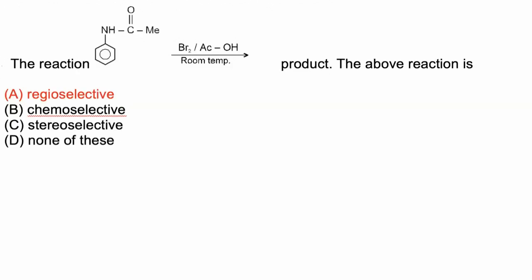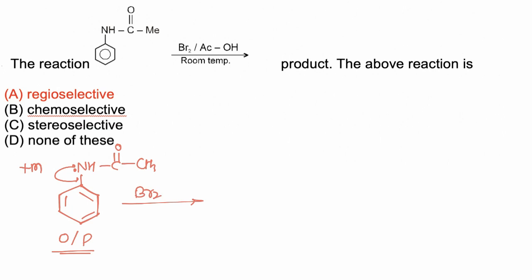In this reaction, we have to find the final product of the reaction. Now the amide has nitrogen, which has a pair of electrons. So this is an electron donating group having plus M effect, so it will be ortho and para directing. On reacting with bromine in presence of acetic acid, it is ortho para directing.